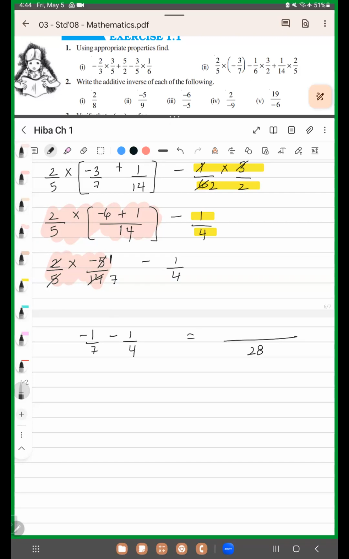Sorry, -4 -7 by 28. Very good. -4 -7. So what is then -4 -7? -11 by 28. Very good. So that's the answer. Okay.